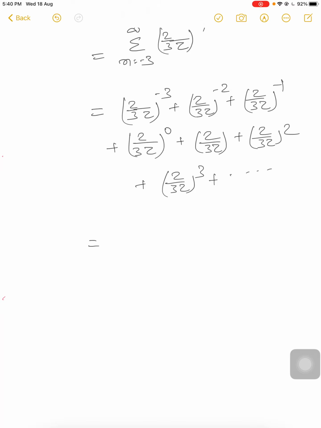We know that for a geometric progression, the sum to infinite terms is a upon 1 minus r.